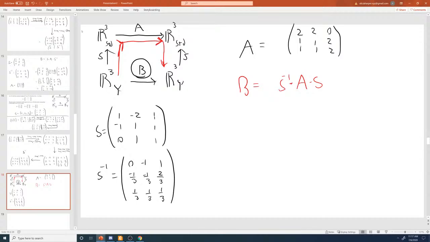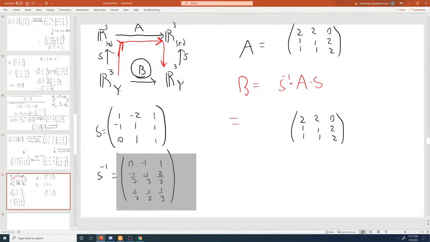Because again, when you're looking at this equation, you should imagine it going from right to left. S is the first thing we do, A is the second thing we do, and S inverse is the third thing we do. So now we have to do a long, tedious computation. So we take the matrix A here, and then we multiply it with the things we just computed.